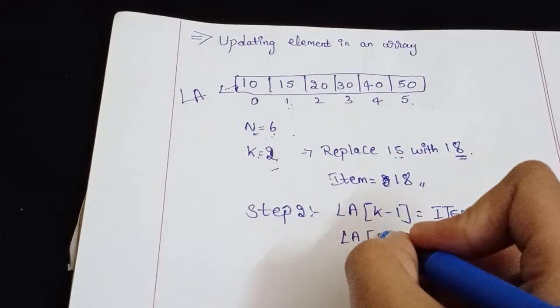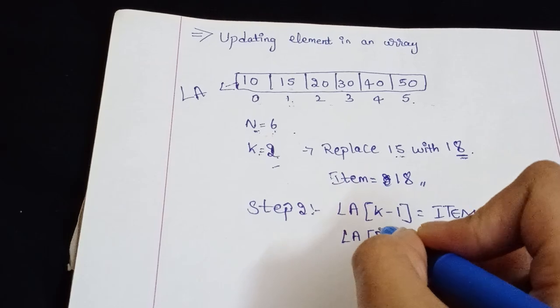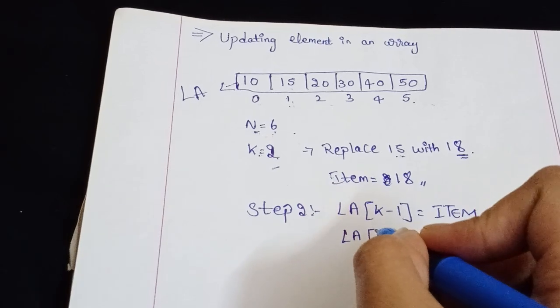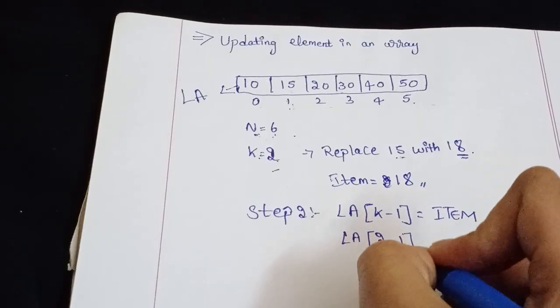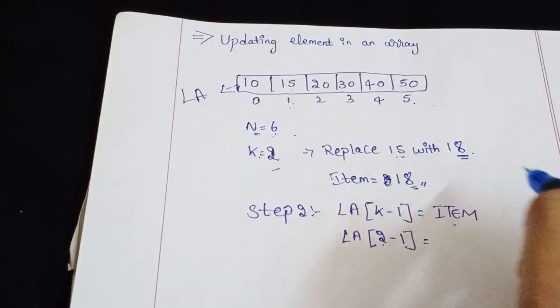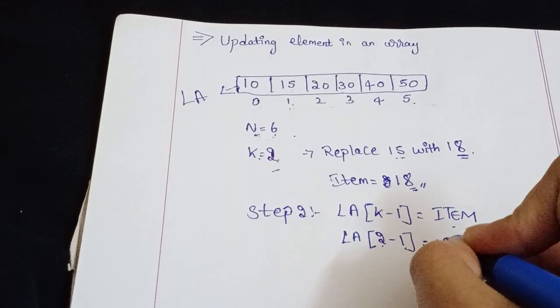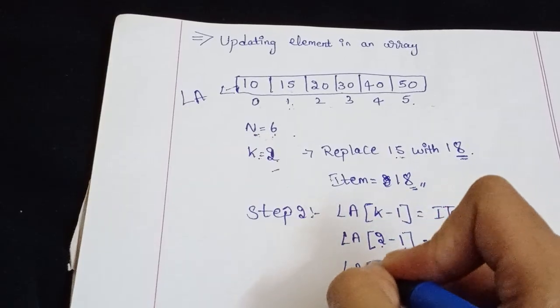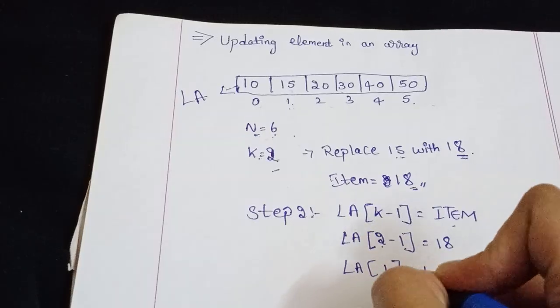So in the place of K you need to replace 2. 2 is nothing but the position, in human counting, at which they want to replace the value. So 2 minus 1 is equal to item. Item is, as I said, the new element which you want to insert. What is the item value? It is 18. And then LA 2 minus 1 is how much? 1, so LA 1 is equal to 18.